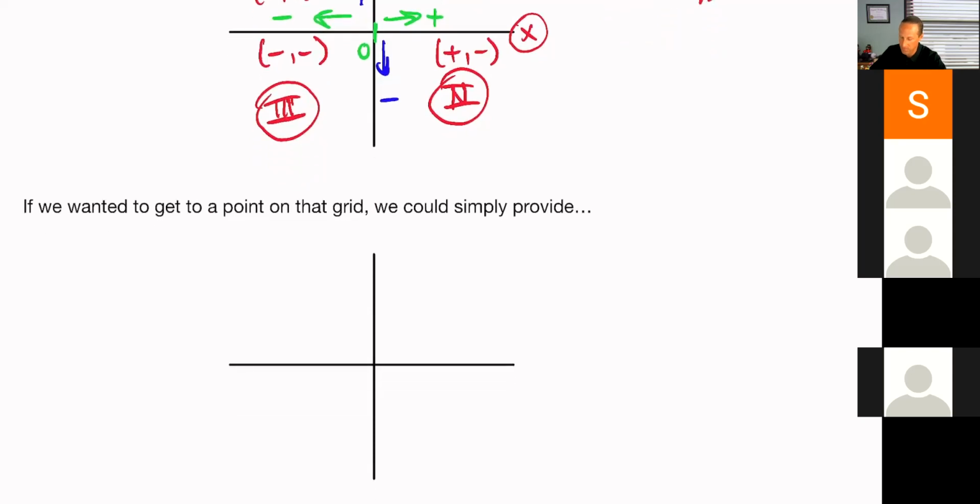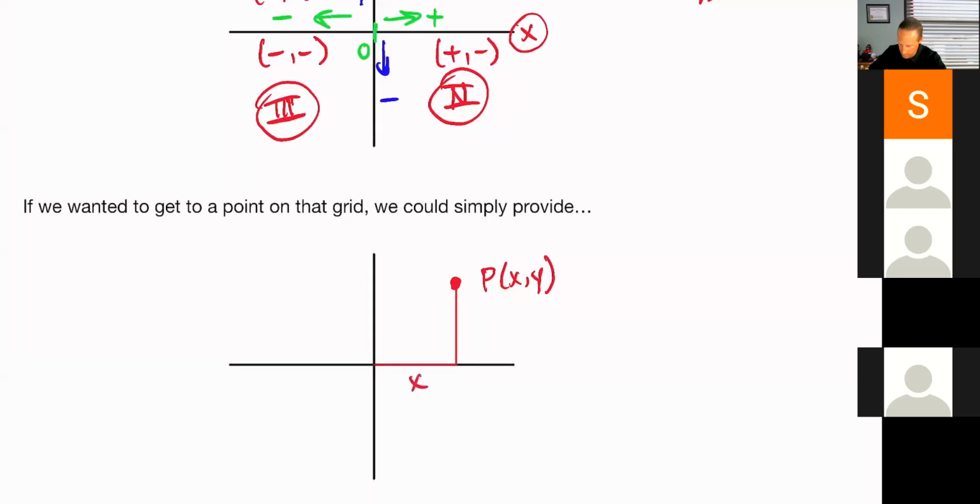Well, instead of just giving you a point and saying it's x comma y to get there, and I'd go right x and up y, what else could I give you? The degree, possibly. Good.